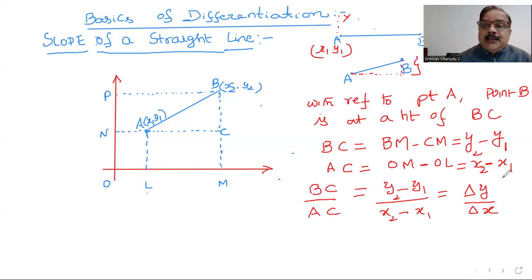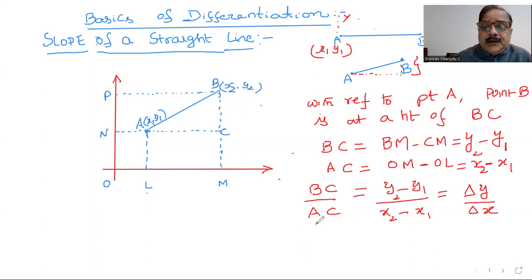So as explained previously, variation of y with respect to variation of x. So we are now differentiating y with respect to x. The meaning of this is that delta y by delta x is nothing but change in y with respect to change in x.